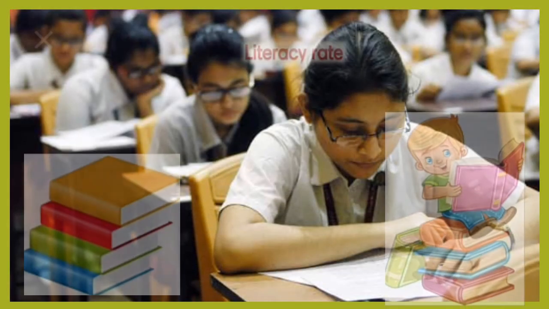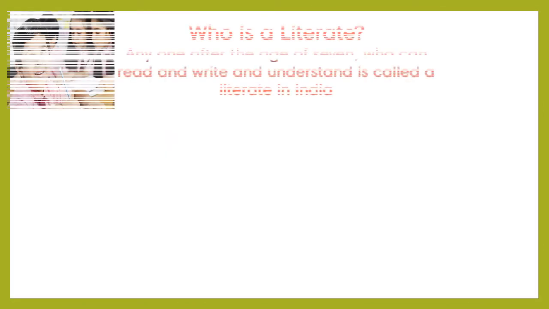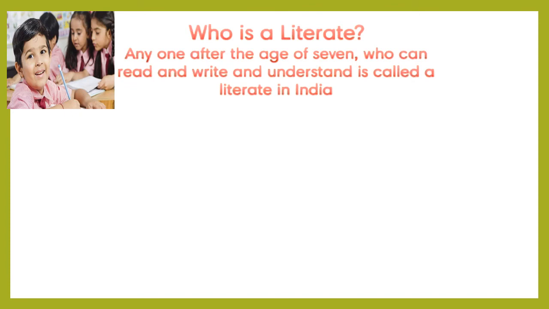So the last characteristic we are going to see is literacy rate. So who is literate? Anyone above the age of 7 who can read, write and understand is called literate in India. So children, see for yourselves.